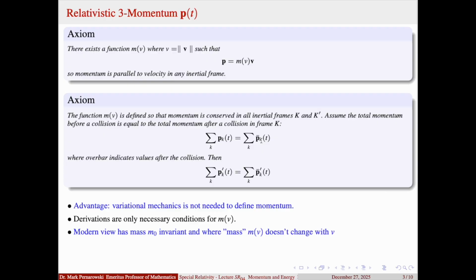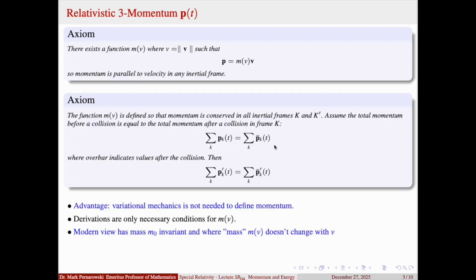If we assume that this expression is true, namely that there is a conservation of momentum in frame K, then we expect whatever the definition of momentum is, that it should also be conserved within the frame K prime.